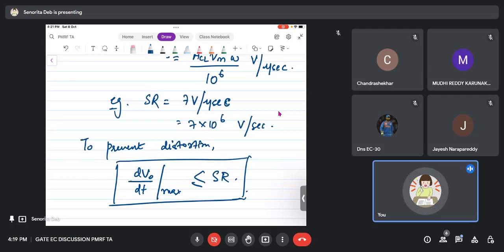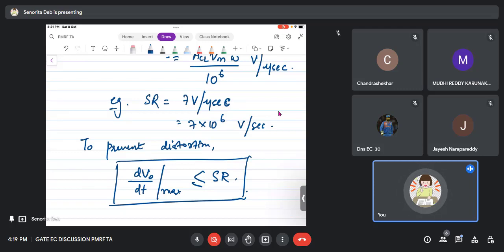Suppose I have an op-amp with 100 volt per microsecond, I have to make sure that I do not give an input that will cause an output change more than that. With that limitation, my change in input will also get limited.